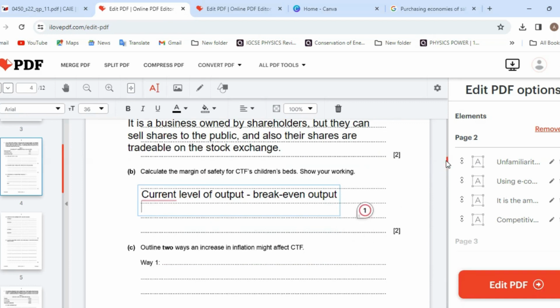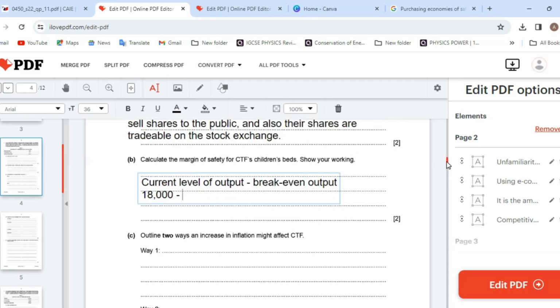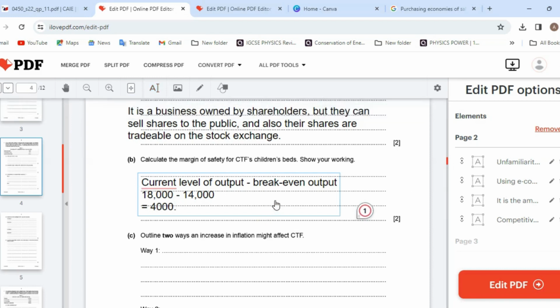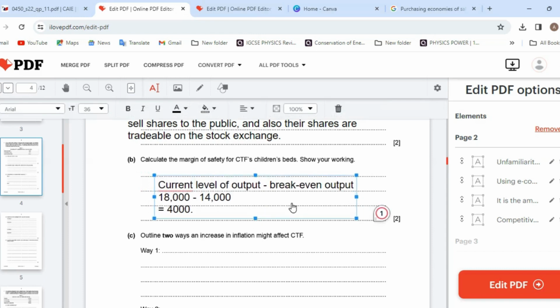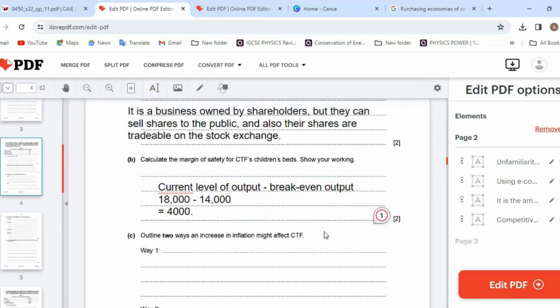Okay, let's type. We have 18,000 minus our break-even output, which is 14,000. So our final answer here will be 4,000. That is your final answer.